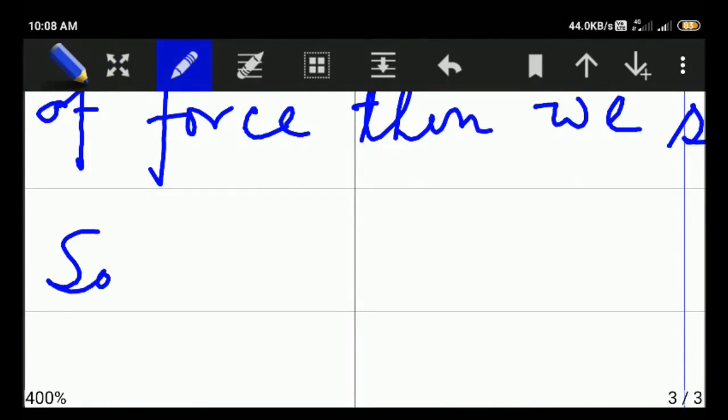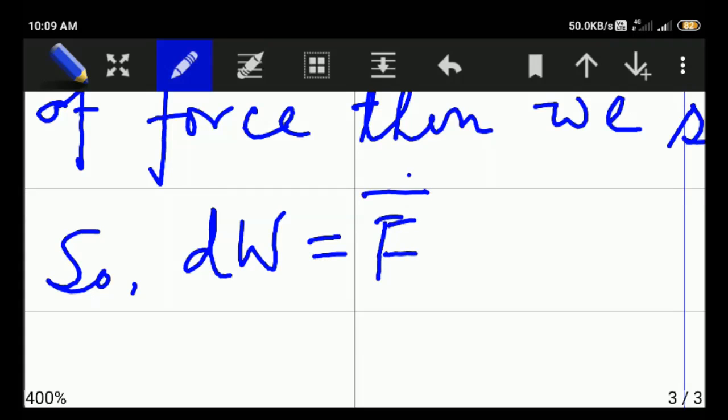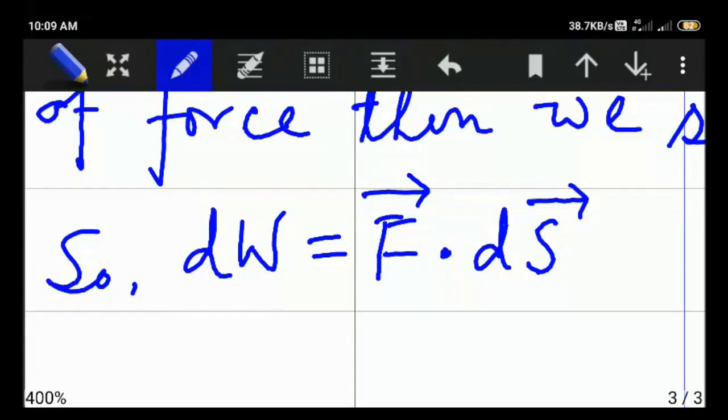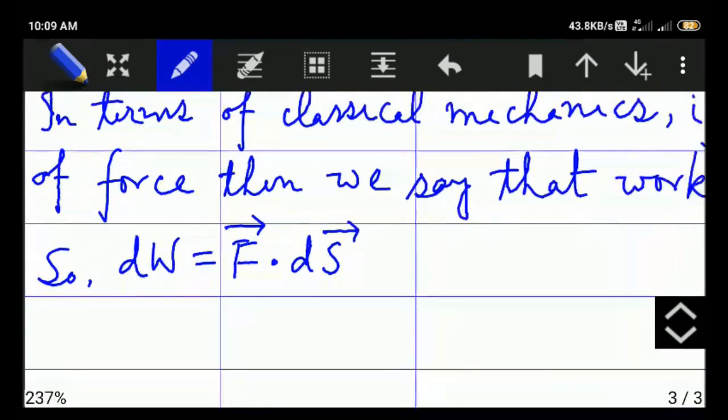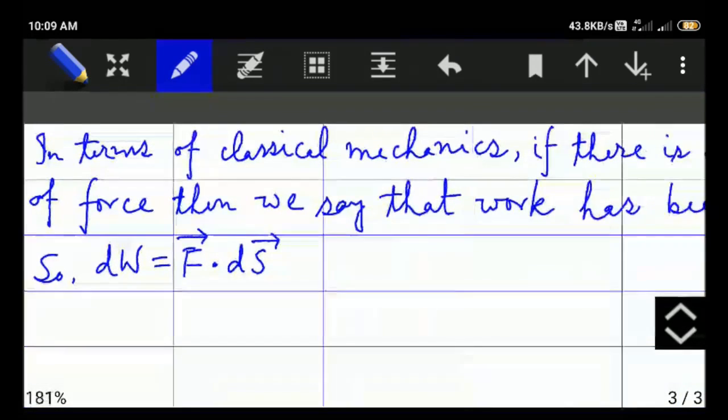In mathematical notation, we say dW is equal to F dot ds, where F is the force vector and ds is the displacement vector, and the work is the dot product of force and displacement.